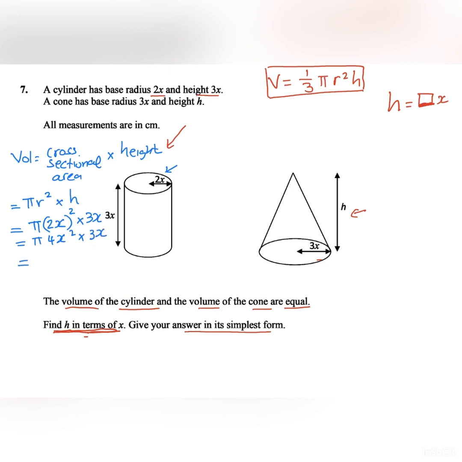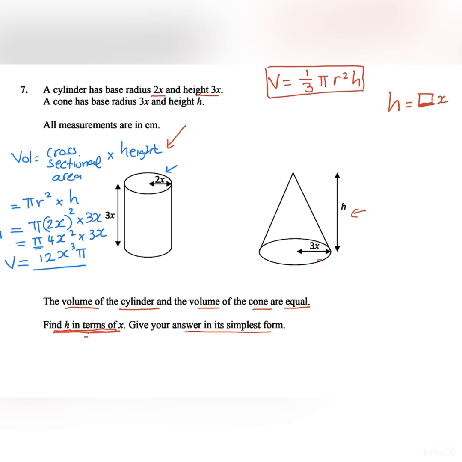Simplifying this a little bit further, 4 times 3 is 12. x squared times by x is x cubed, and not forgetting the pi at the end. So that is the volume of this cylinder. Okay, so I'm going to leave this here for the moment and focus on finding the volume of the cone.